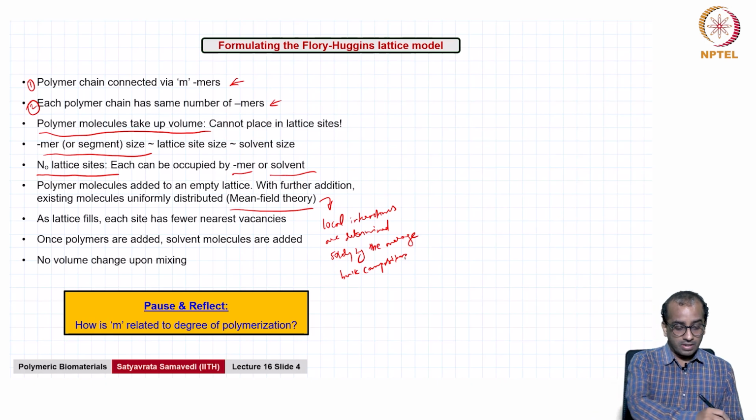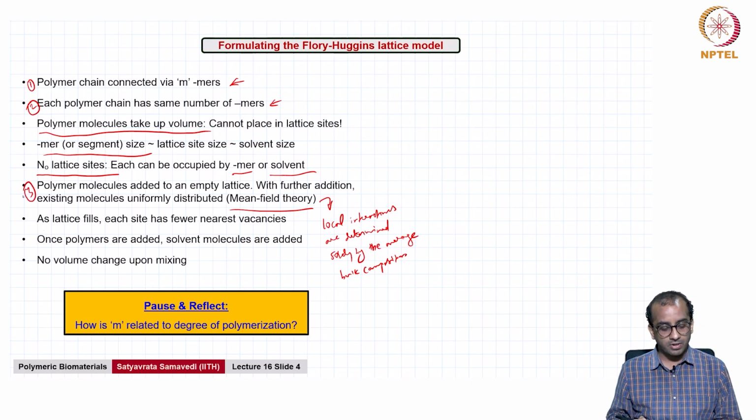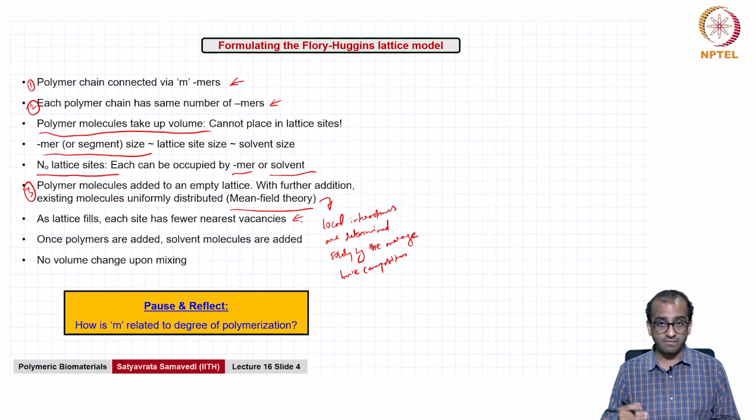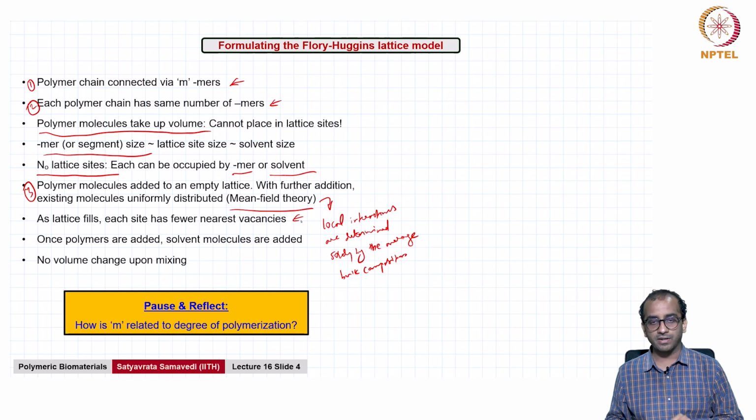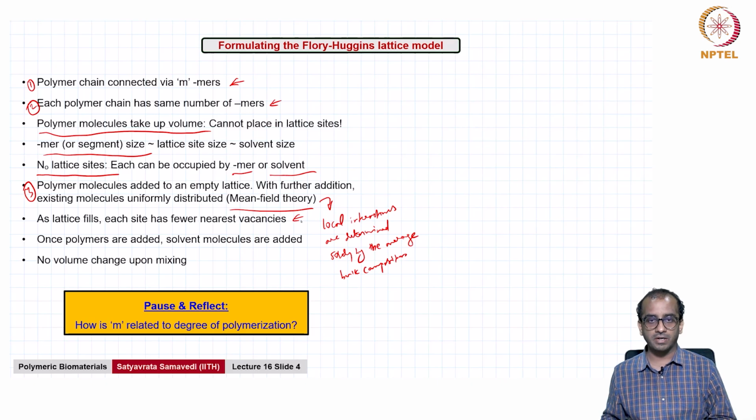And this is the third assumption. The other point to think about is as the lattice sites get filled up, each site has fewer nearest vacancies, and this becomes important as we will show you pictorially very shortly. Because the chains are connected, you can't arbitrarily place the mer from a single chain onto lattice sites that are very far apart.